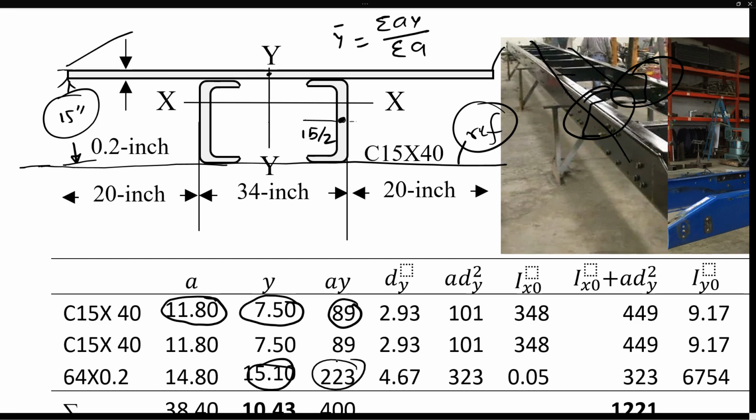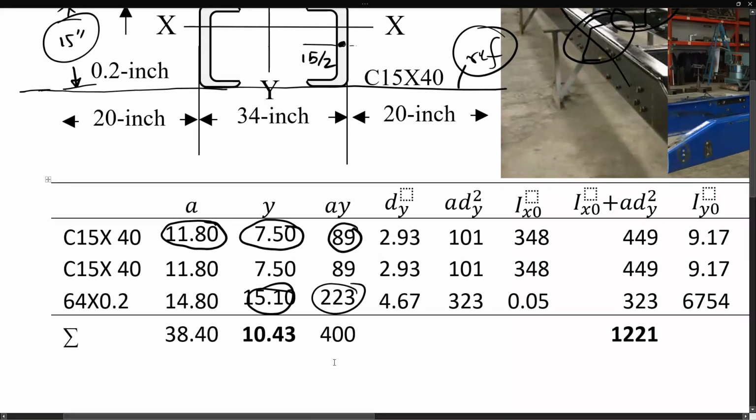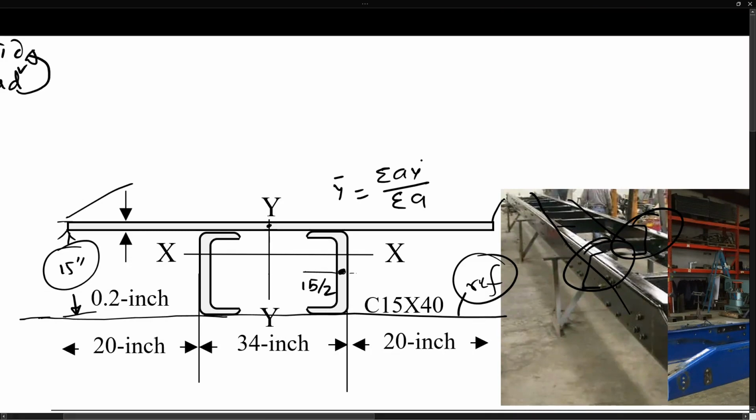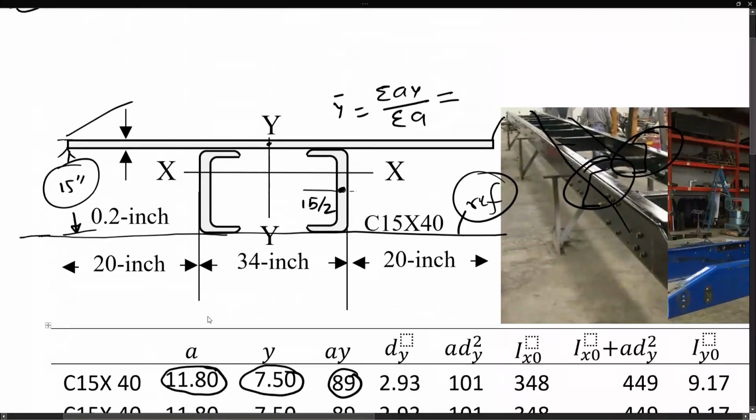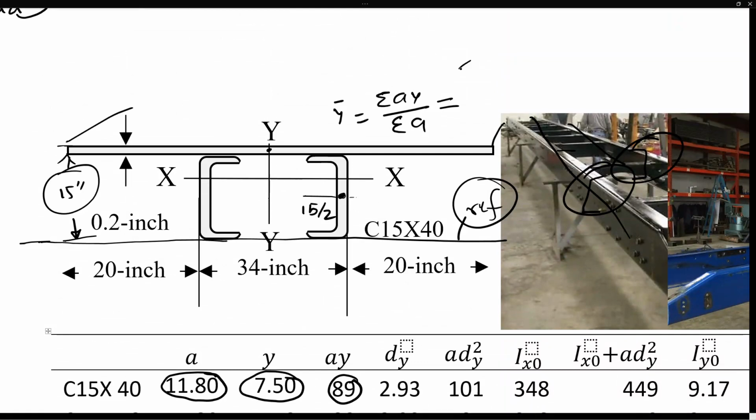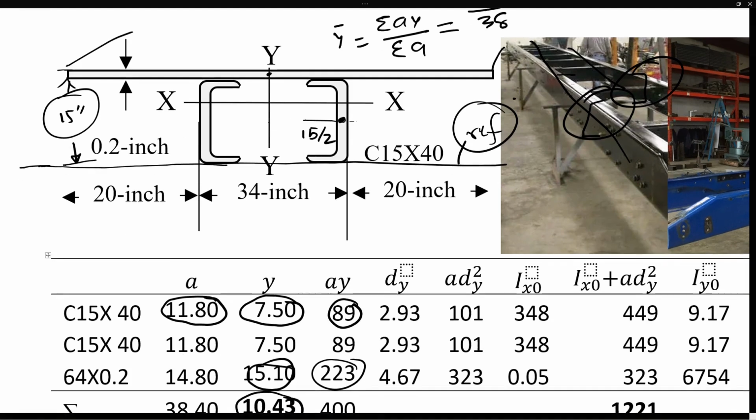And then you can get the total area moment, and simply this 10.43 is the summation of A Y divided by the summation of A. So what we got is simply 400 divided by 38.4.